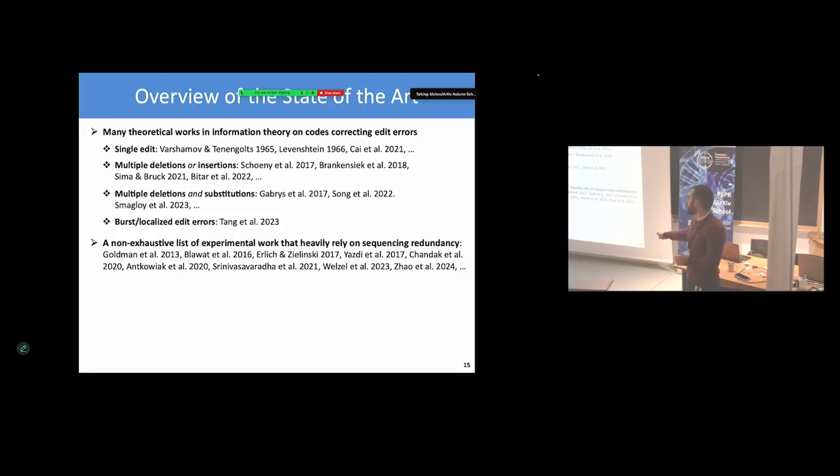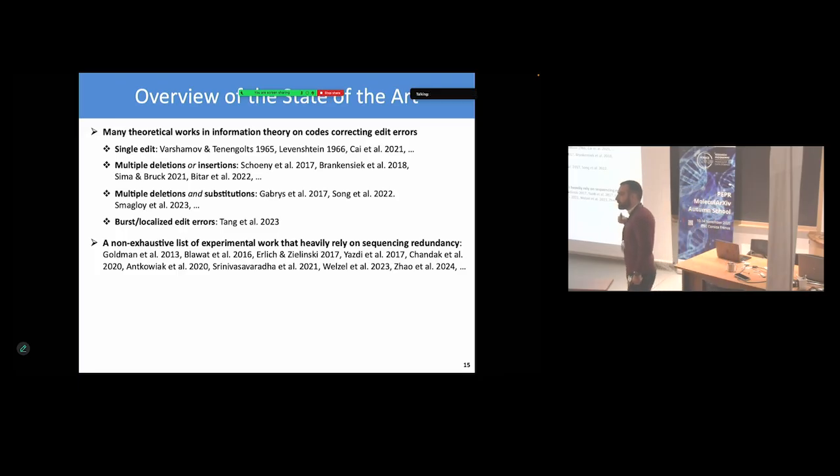These codes are long, whereas in DNA storage we need short codes. So these works have not used insertion and deletion correcting codes. Instead, they heavily relied on sequencing redundancy, on the fact that you can read the same strand 10 times, 20 times, and then hope to use that redundancy to correct.